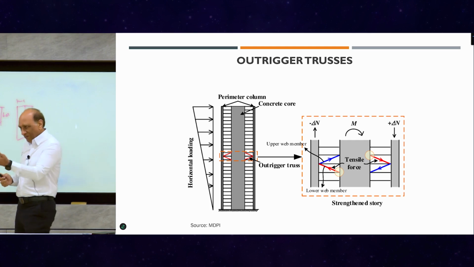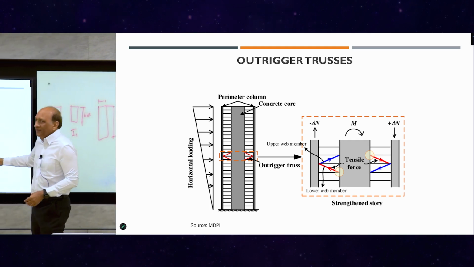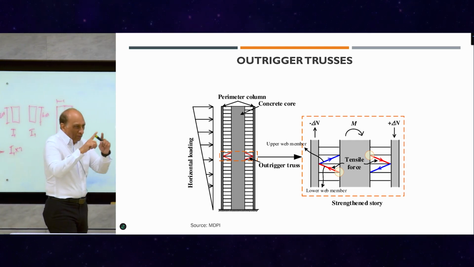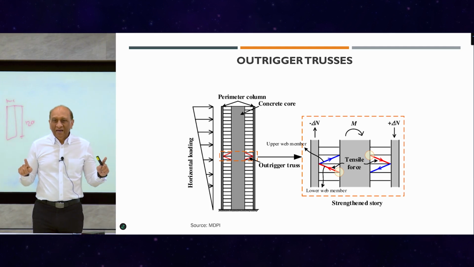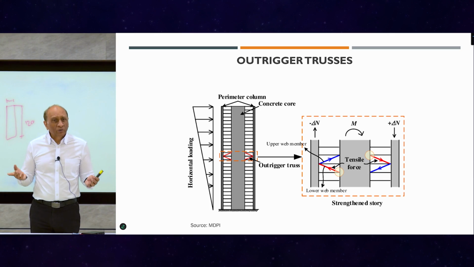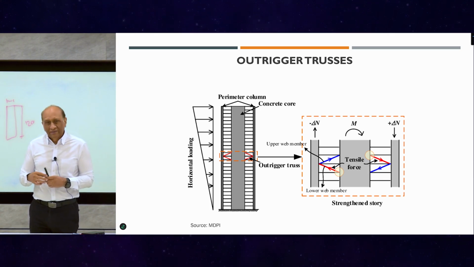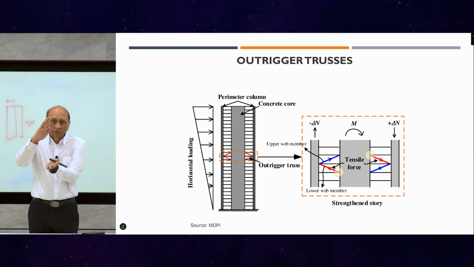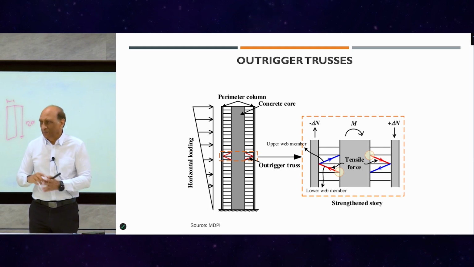So if we are going to use outriggers in a seismic zone, they have to be BRB. In wind zones, no worries. You can use it. So if it's a seismic zone, then you put the braces, but not ordinary braces, BRBs.